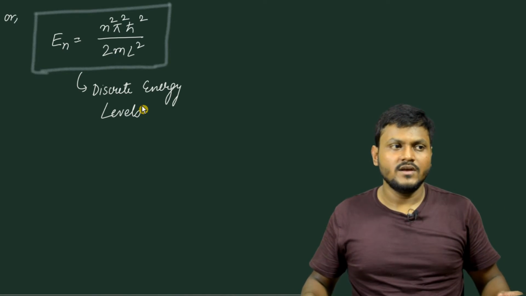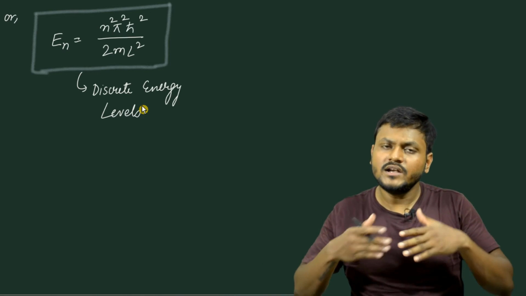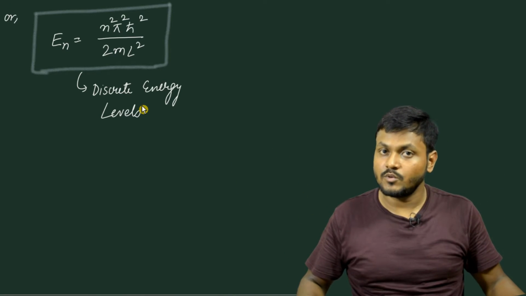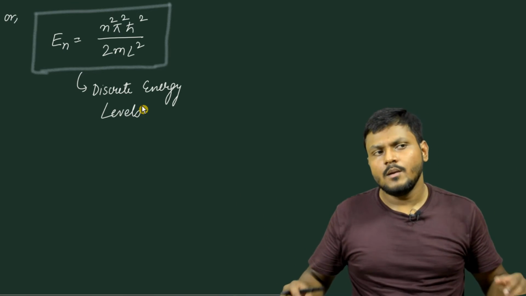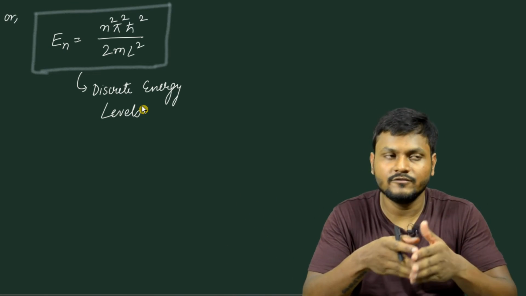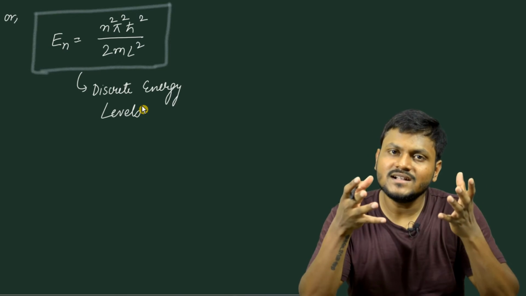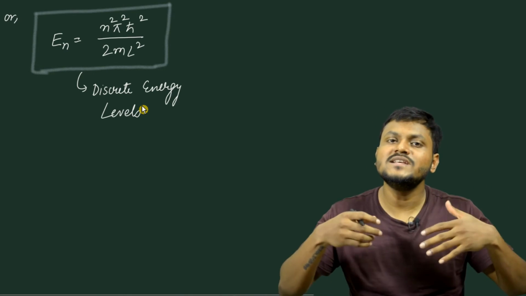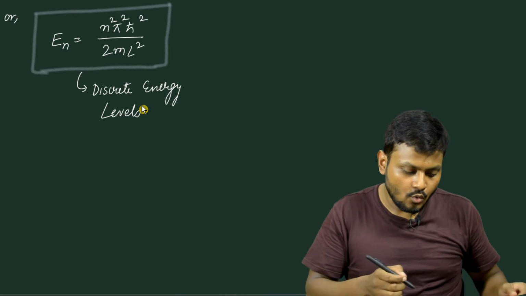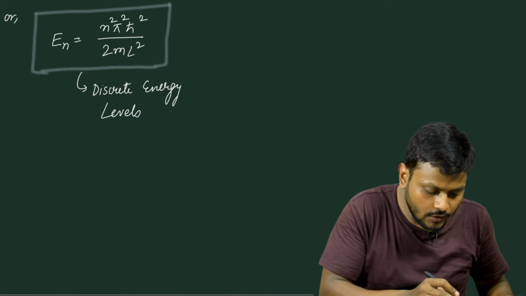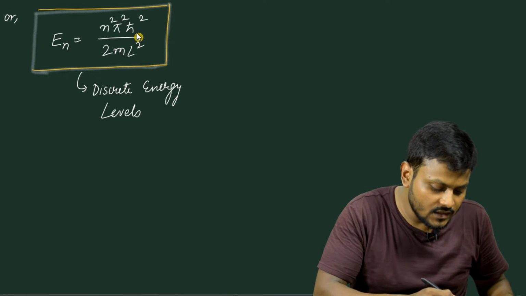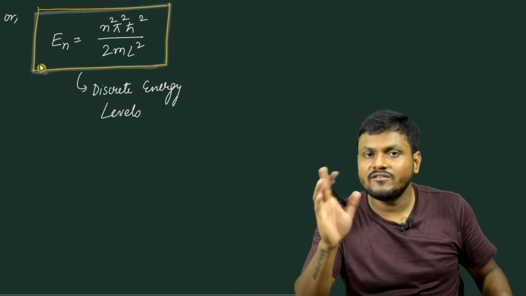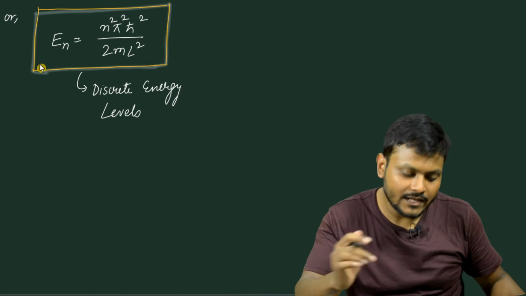A continuous distribution of values of energies is possible for a normal macroscopic particle in our macroscopic world. But in the quantum world, for quantum particles, energies are restricted to only certain values. So whatever energies are allowed by this equation, only those energies the particle can have. The other values of energies the particle cannot have.